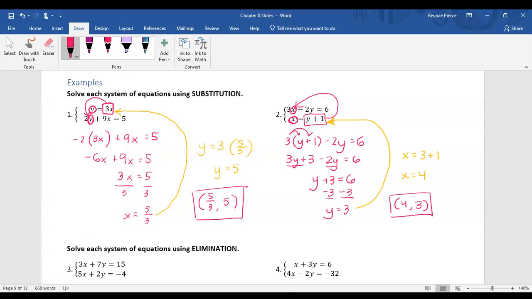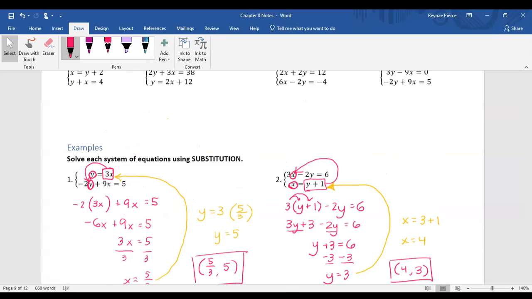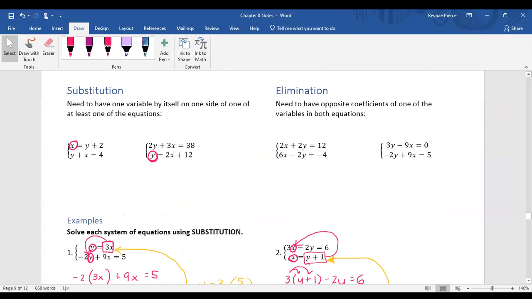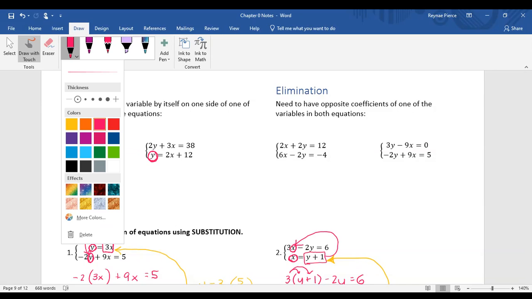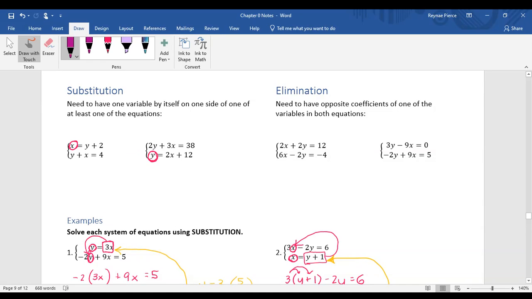Okay. Now, the second method is called elimination. Okay. And to use elimination, we need to have opposite coefficients on one of the variables. All right. So in this first example here, I have a positive 2y in the top, but then a negative 2y in the bottom.